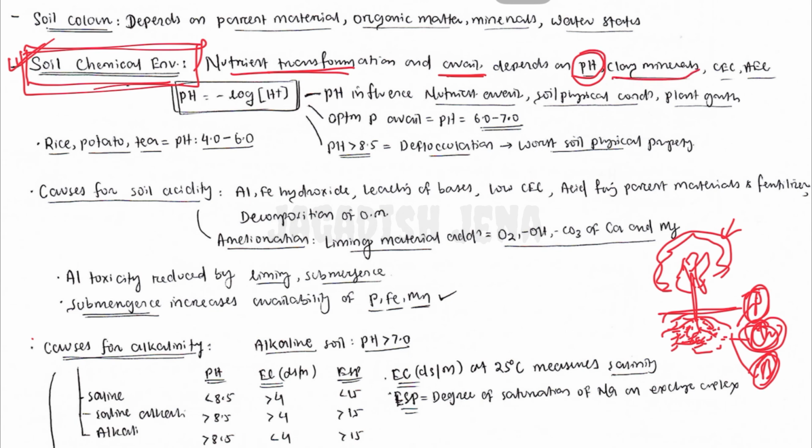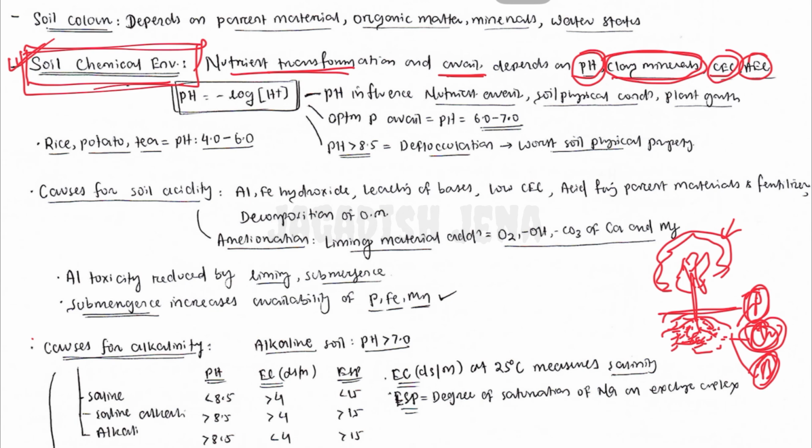Then clay minerals, the dominant clay minerals and the types of clay minerals found in soil. Then CEC or cation exchange capacity, and AEC, anion exchange capacity. These are the parameters which affect nutrient transformation and availability of nutrients to the plant.